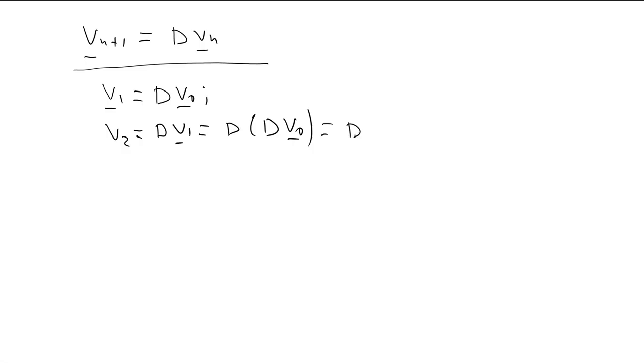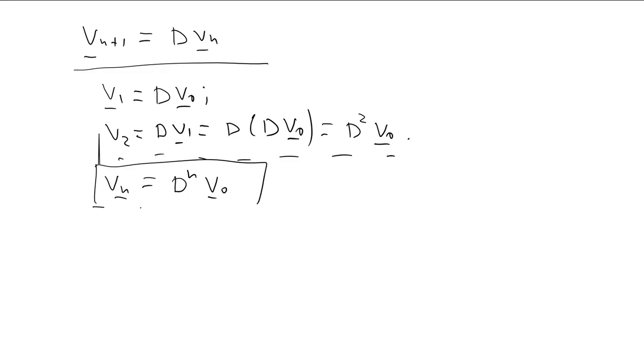So we can put it like this: D squared times v naught. And therefore, we can conclude that v_n equals D to the power of n times v naught. So this is what we have proven so far.